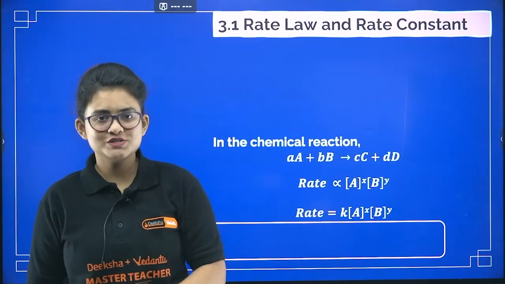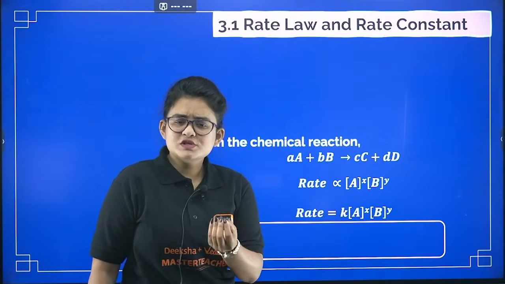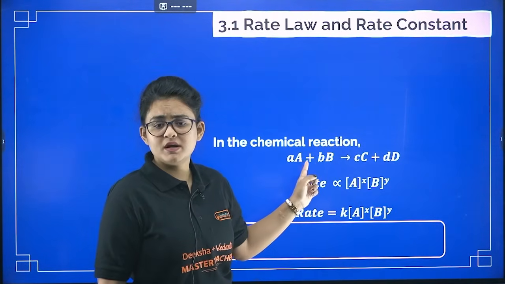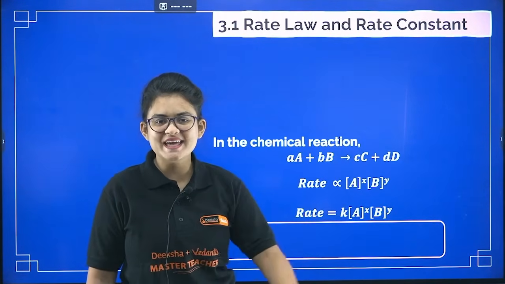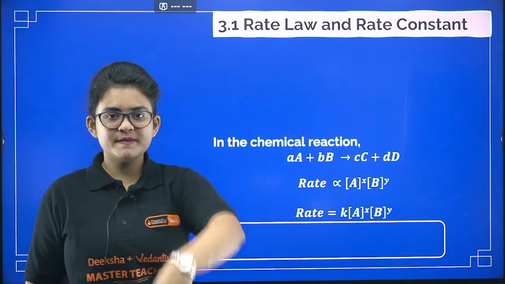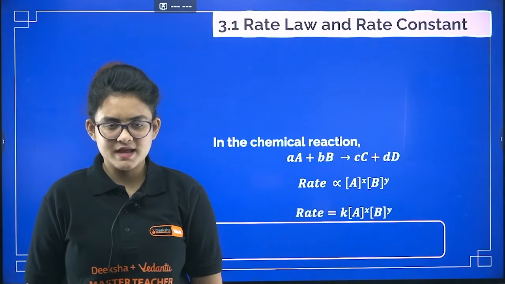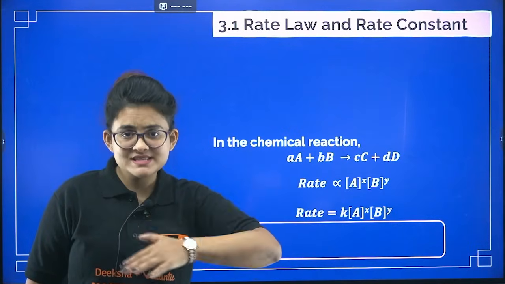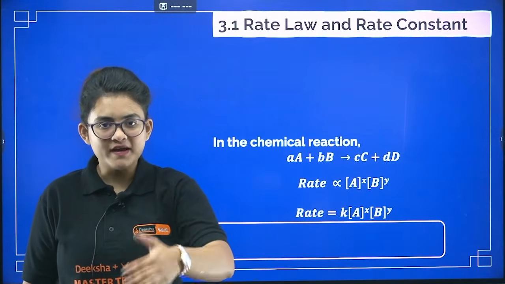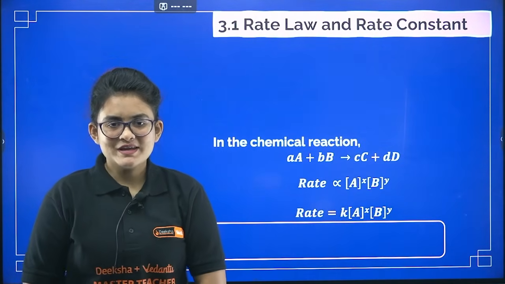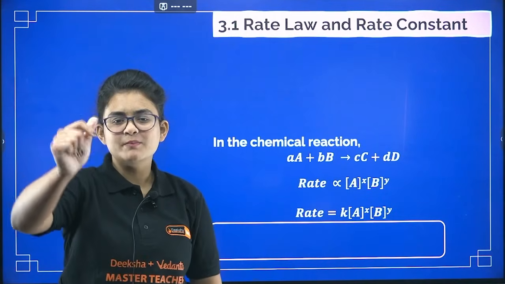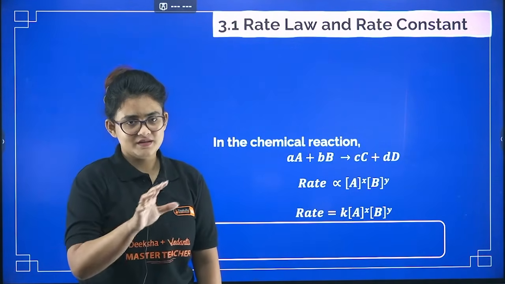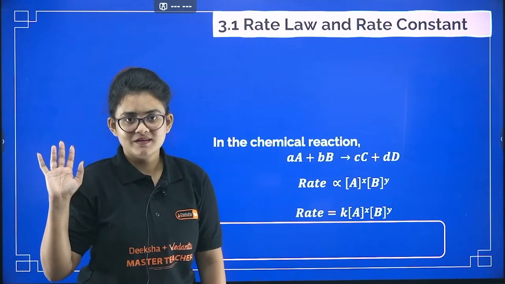I'm just giving you an example. It may happen that it only depends upon the concentration of A but doesn't depend upon the concentration of B. Experiment will tell you. Don't ask me why. It's the nature of the reaction. This is kinetics, we have to find it out experimentally.